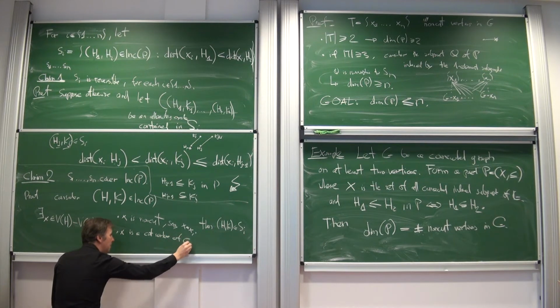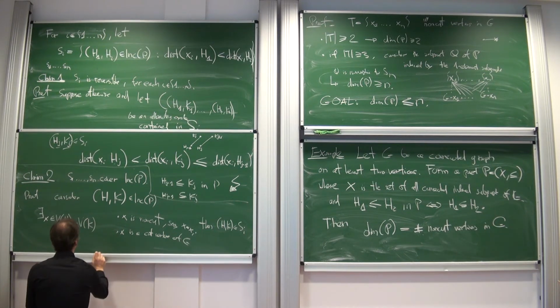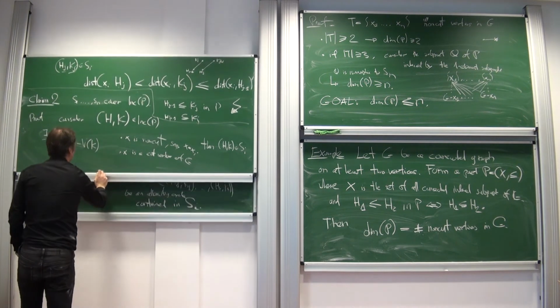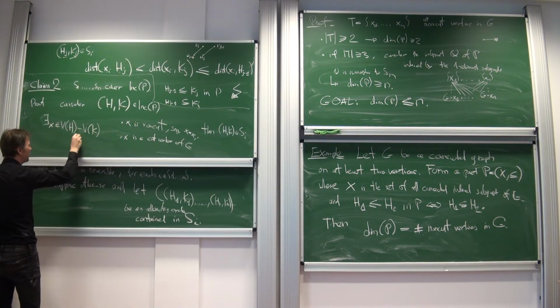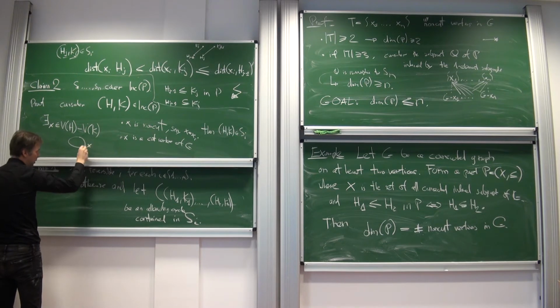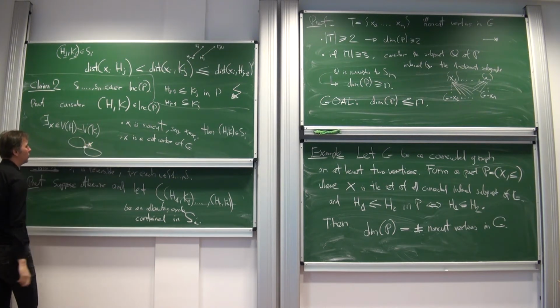So we are left with the case that X is a cut vertex of G. So let's try to draw some conclusion here. Imagine that this is our X, and the graph is disconnected when we remove it.